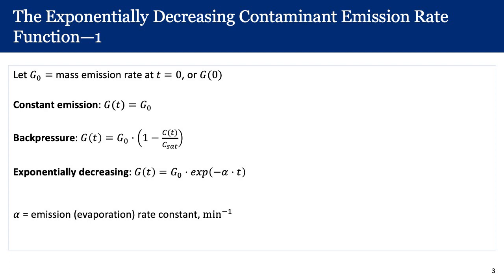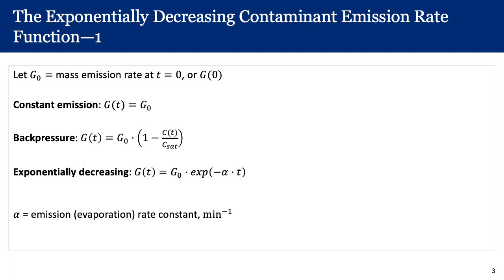So this is the back pressure model, where we have G as a function of time equal to G0 times 1 minus the concentration in the room air as a function of time divided by the saturation concentration. This is a useful thing to keep in mind, although we are not going to spend too much time exploring this particular version.